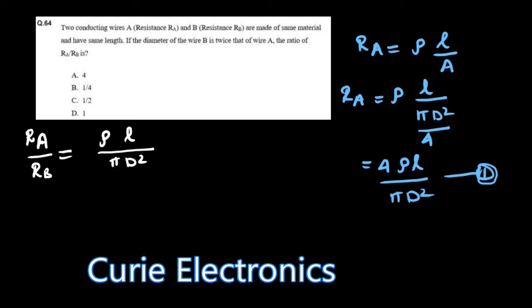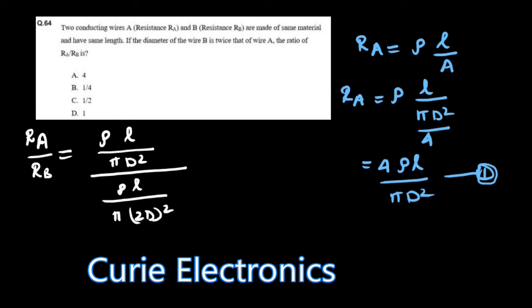What about RB? The diameter of wire B is twice that of wire A. Diameter we made doubled, so it is going to be 4 rho L upon pi, instead of d we get (2d) square.